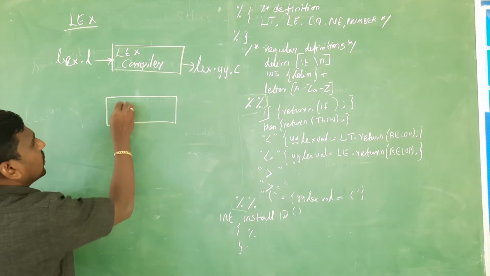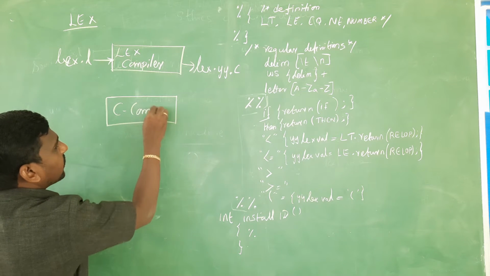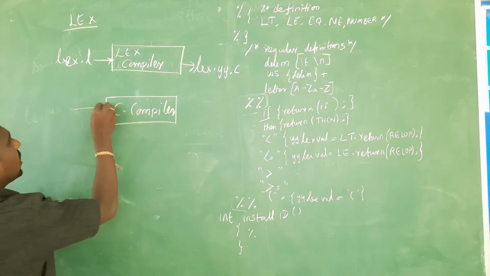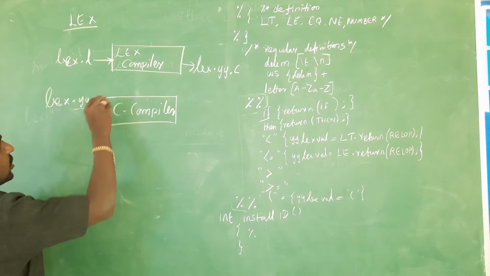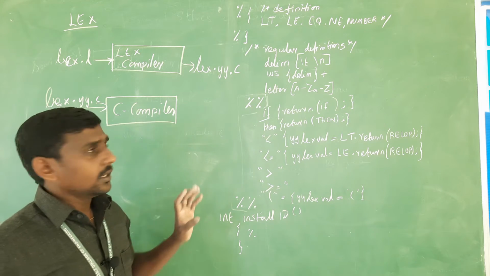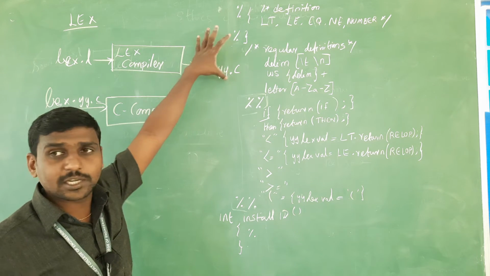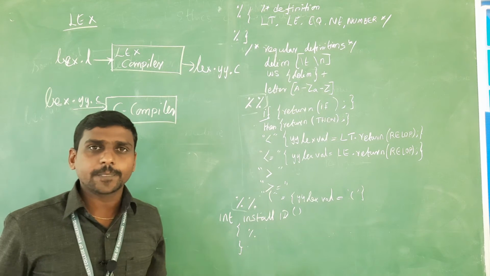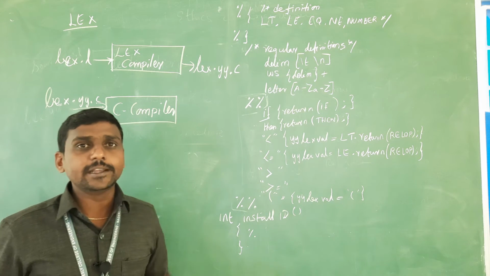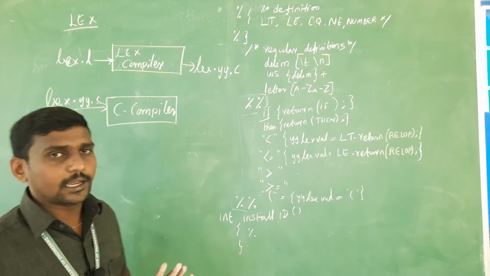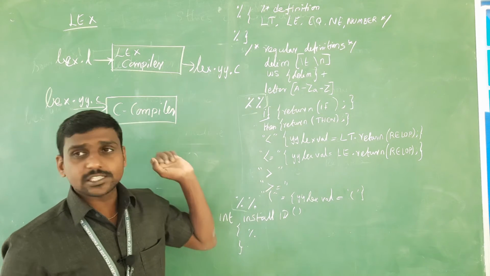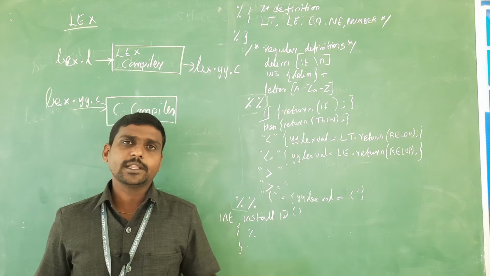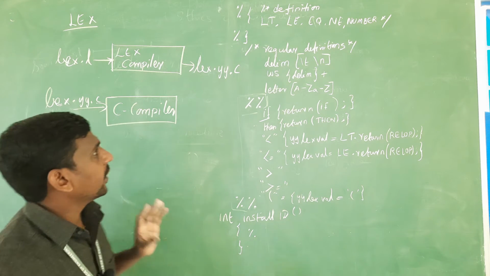The same lex.yy.c file you have to give to the C compiler. Remember, we cannot modify this lex.yy.c, because this operation is performed internally by the Lex compiler, and we cannot change the file name either. Automatically it will create the lex.yy.c file.